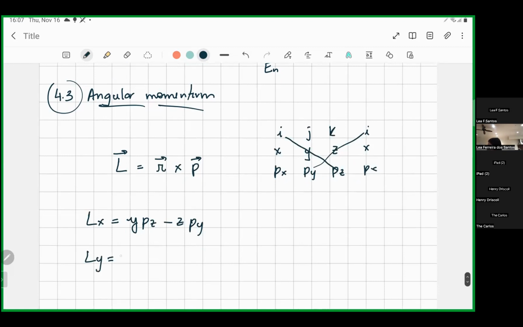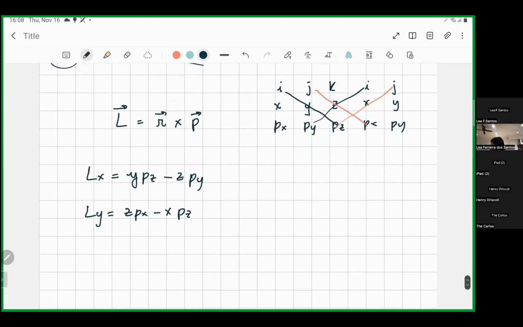Ly is going to be z px minus x pz. And you can do the same for Lz. Lz will be x py minus y px. Okay, this you already knew.